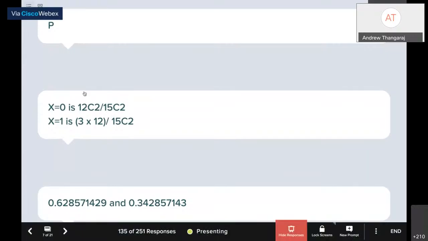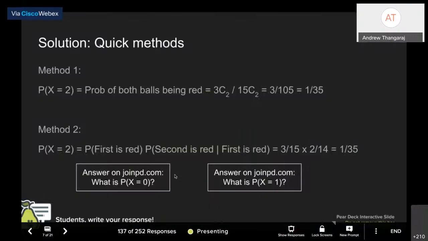Okay, so 12 choose 2 by 15 choose 2 is the correct answer for x equal to 0. The way I would do it is I would find x equal to 0. For x equal to 0, I'd say it's 12 by 15 times 11 by 14, isn't it? Did you see how I got that? So for the probability that x equal to 0, you just take method 2 and adopt it.